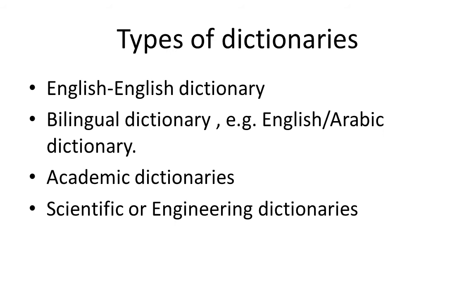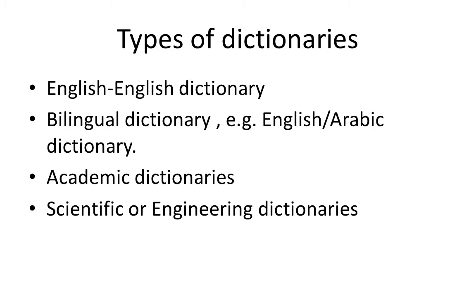As this part of this unit is about the use of dictionaries in our studying, I am listing here a number of types of dictionaries. The first type is the English dictionary, which is used to find synonyms.